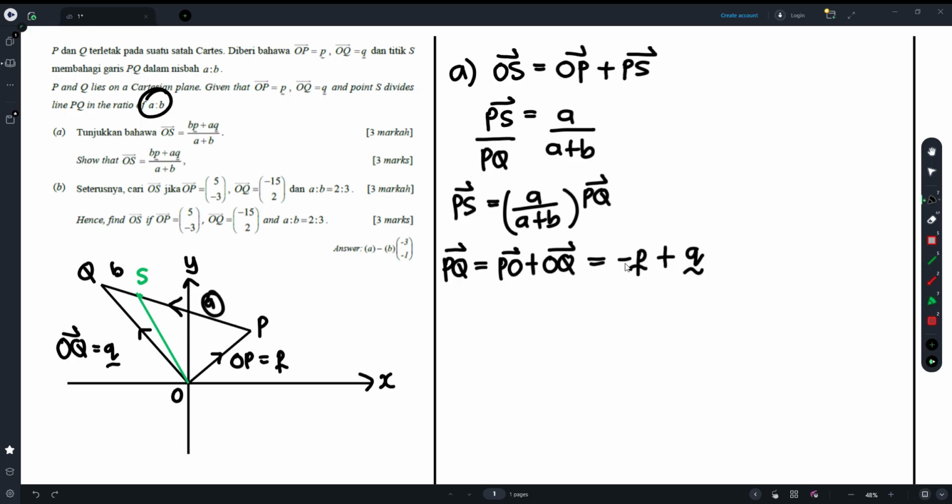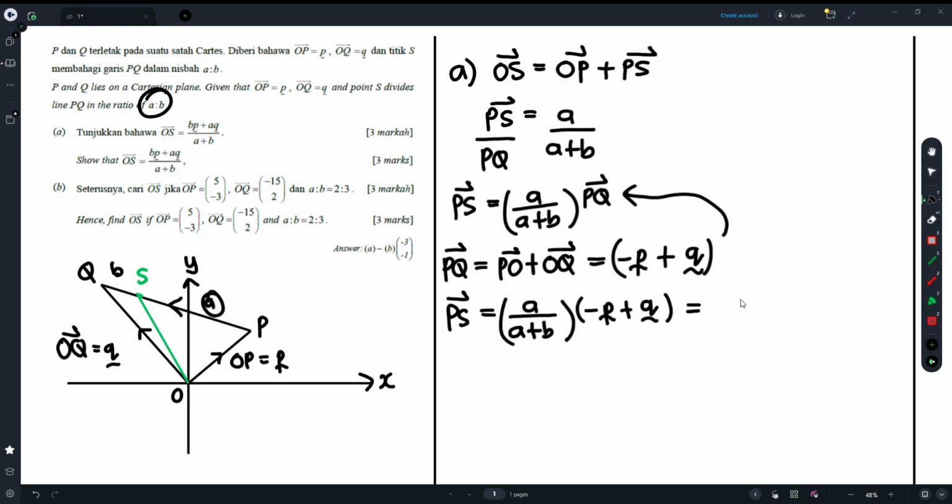Now I'm going to take this vector and substitute it inside here. That will make my vector PS equivalent to A over A plus B in bracket, negative P plus Q. When I expand, I will end up getting negative AP plus AQ over A plus B. That will be the value for vector PS.